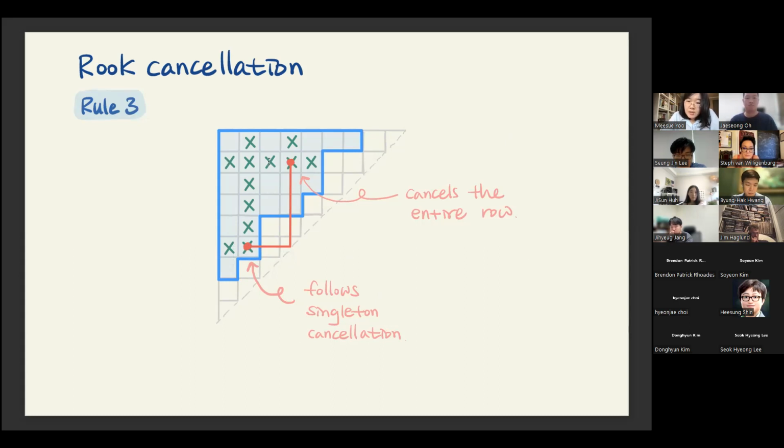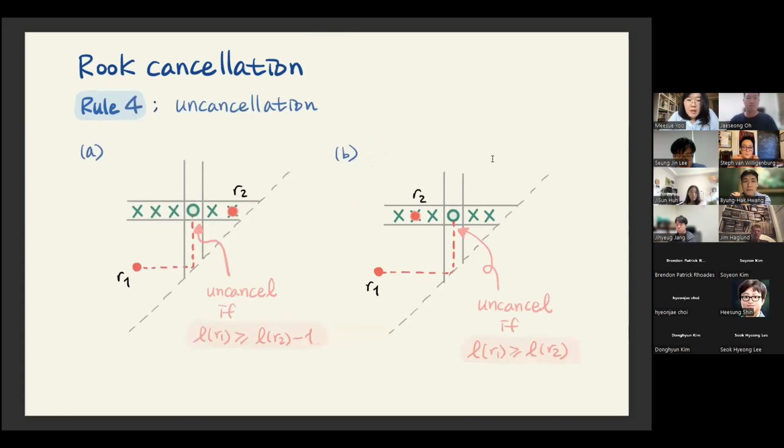So it just cancels the cells in the entire row, of course within the partition shape, and also the cells above. So that's the main rule, but there are some uncancellation rules or exceptional rules.